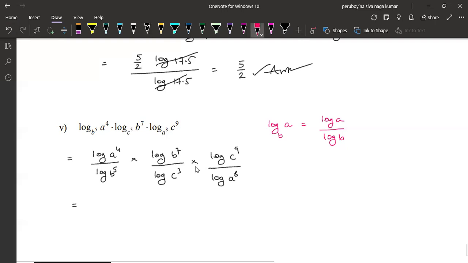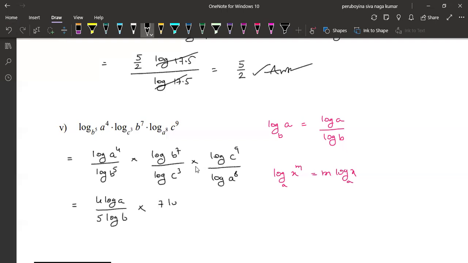And next I am using the property, if the logarithm input has some power, then that power becomes a coefficient. So m log x base a. So it will be 4 log a divided by 5 log b multiplied by 7 log b divided by 3 log c, again multiplied by 9 log c divided by 8 log a.